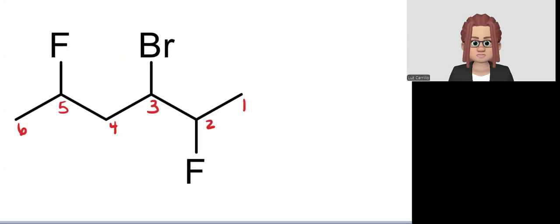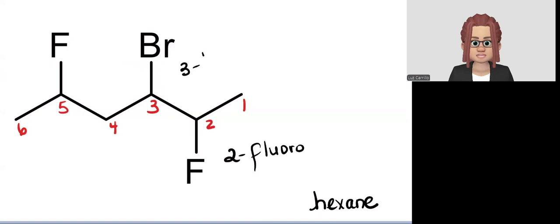So that means that my main chain is going to be a hexane. On carbon number 2, I have a fluoro group. On carbon number 3, I have a bromo group. On carbon number 5, I have another fluoro group.